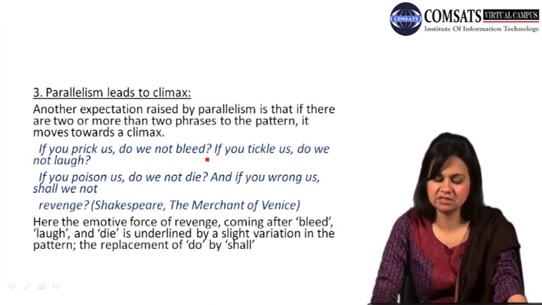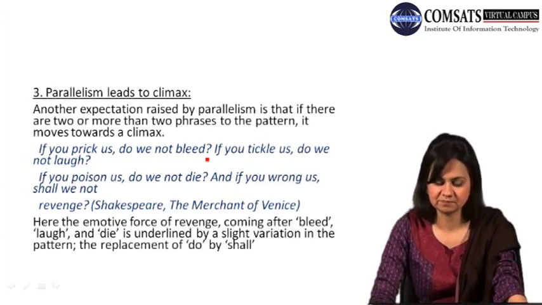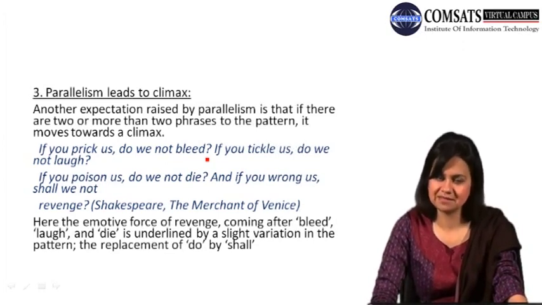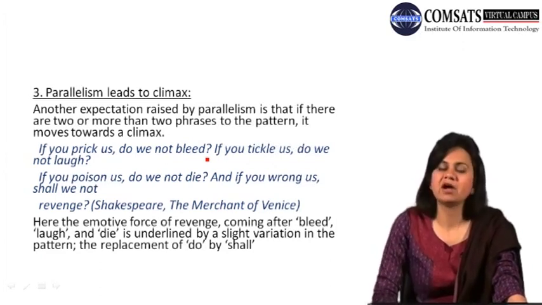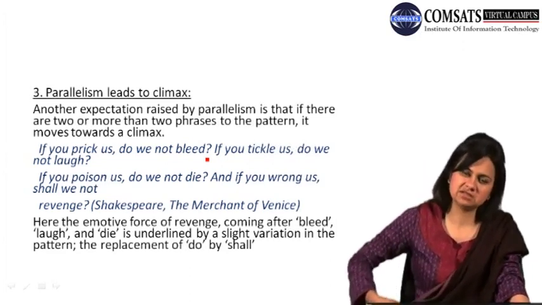So prick, bleed, tickle, laugh, poison, die are less forceful than what lies at the very climax, that is the idea of revenge. And its slight variation in the composition and patterning of the grammatical structure with the replacement of do with shall makes us understand how in a parallel structure the writer may try to shift or introduce a little variety so that force can be added.